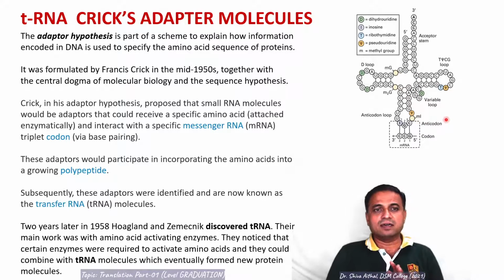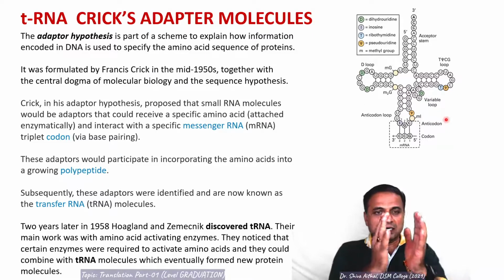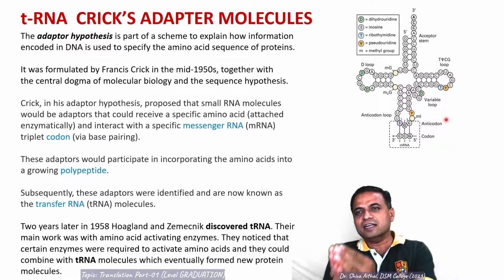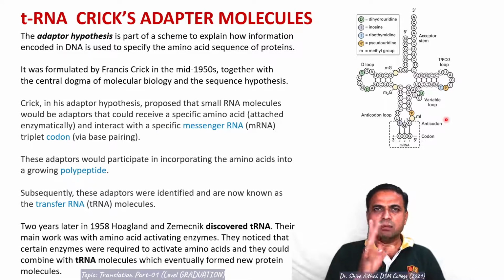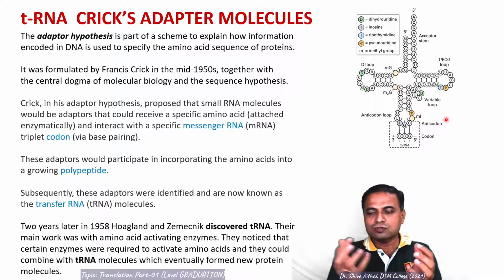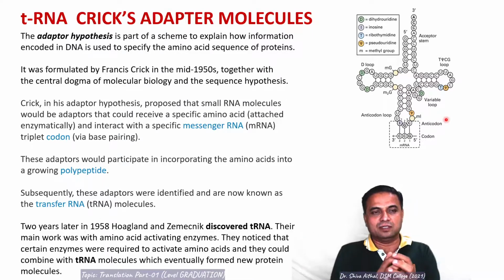But Francis Crick, in the mid 1950s, together with the scientists who believed in the central dogma of molecular biology, formulated a hypothesis. He said that DNA itself cannot directly form proteins. There is some intermediary molecule, he called it the adapter molecule. He said there are some adapter molecules which mediate protein synthesis.